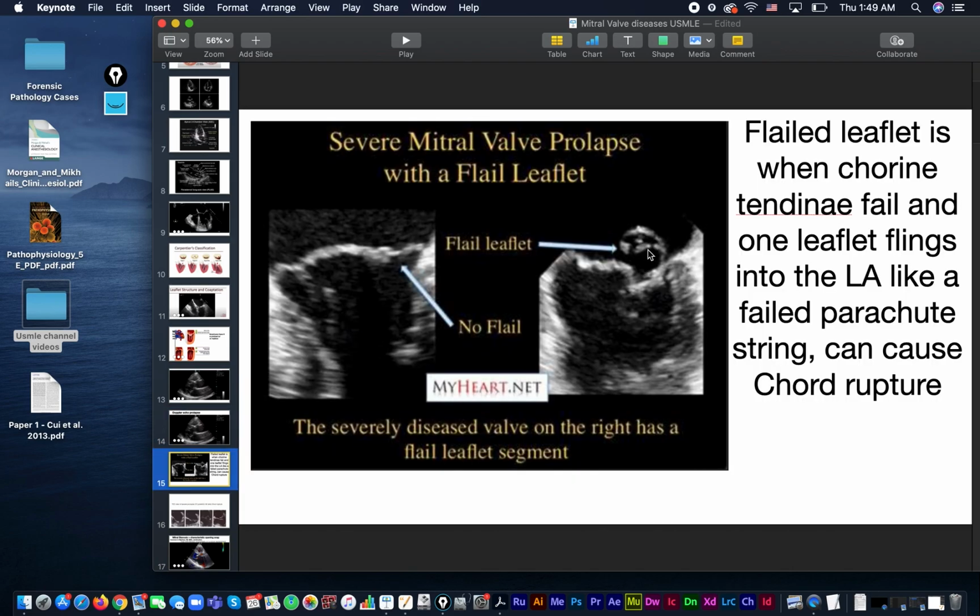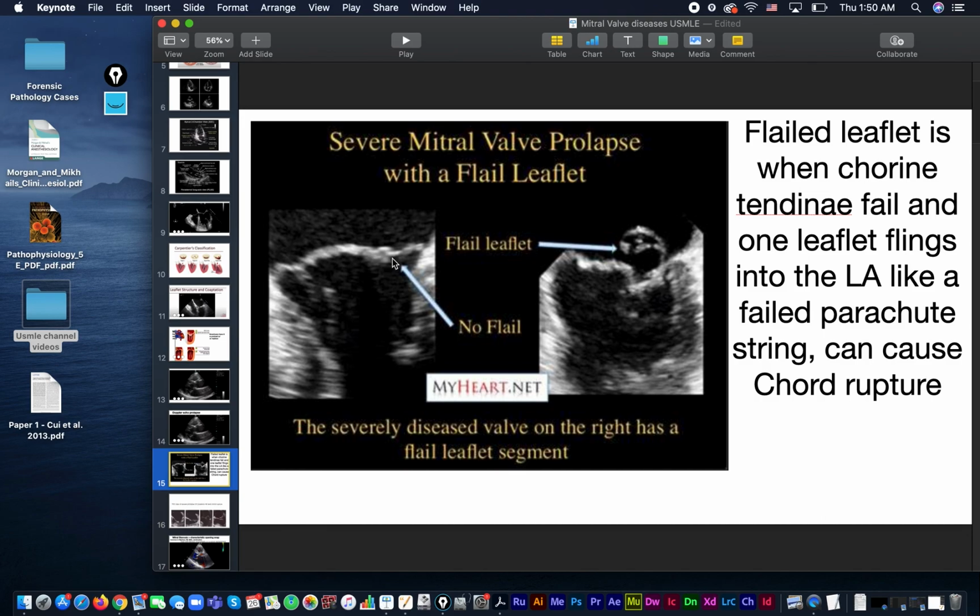This is just another picture of the flail leaflet, often described as a parachute with no strings. When the mitral valve closes during systole, like a parachute opens, and if it doesn't have the parachute strings, it's going for an excursion, and that's a flail leaflet.